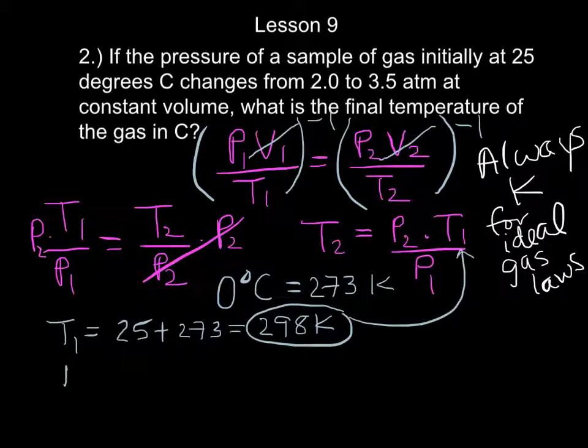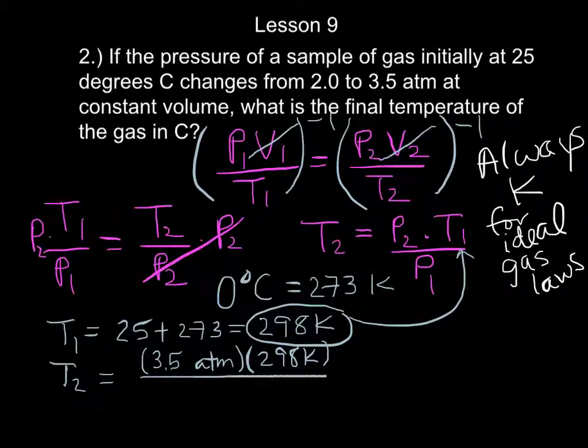Okay, so we can go ahead and plug this into our equation. T2 is equal to 3.5 atmospheres times 298 Kelvin over 2.0 ATM. Our atmospheres cancel out, and if you do this calculation, you'll get 522 Kelvin.